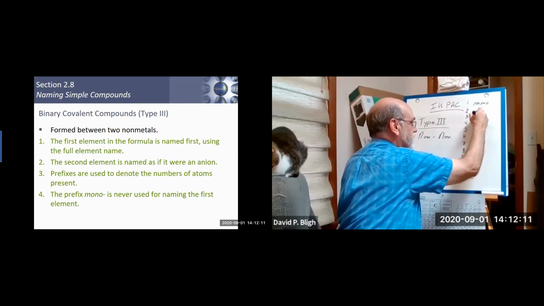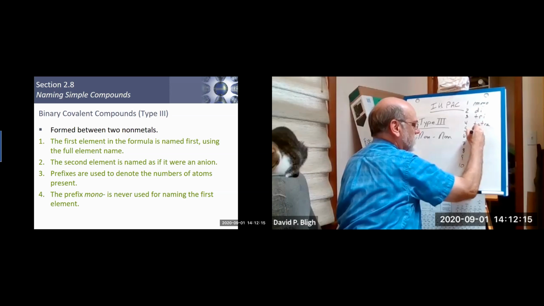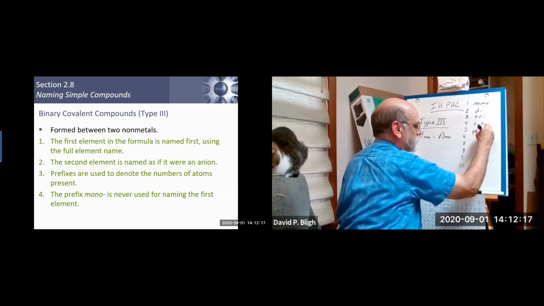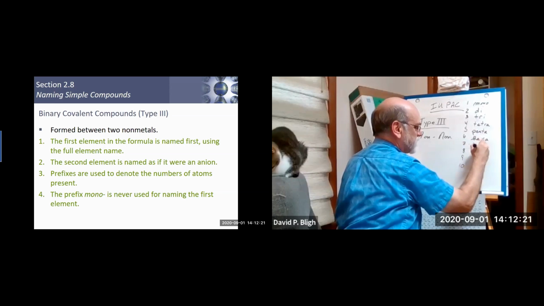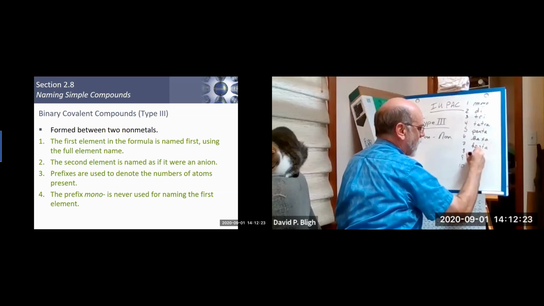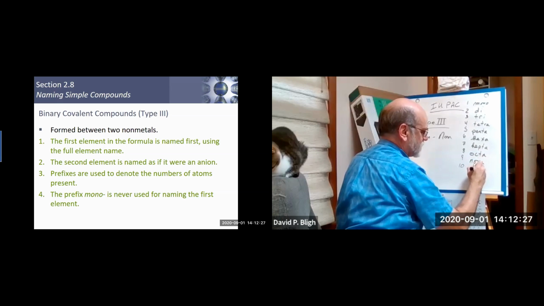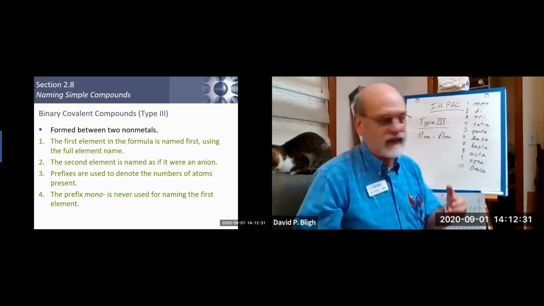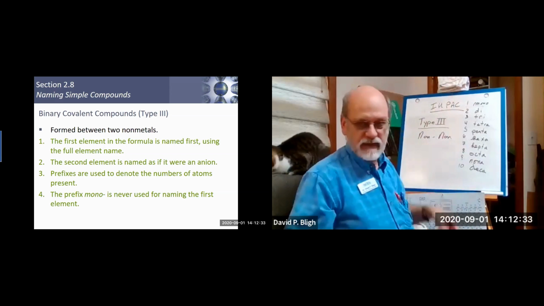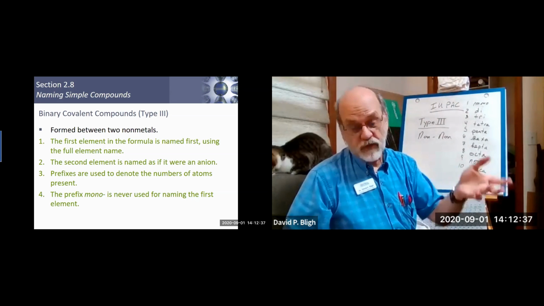This is di, tri, tetra, penta, hexa, hepta, octa, nona, and deca. Those are the prefixes that mean each of these numbers. And there should be a slide on it here in a minute, and it's in your book, of course.